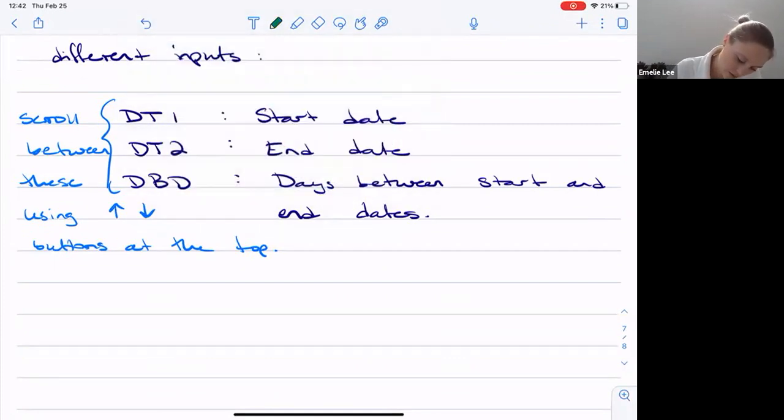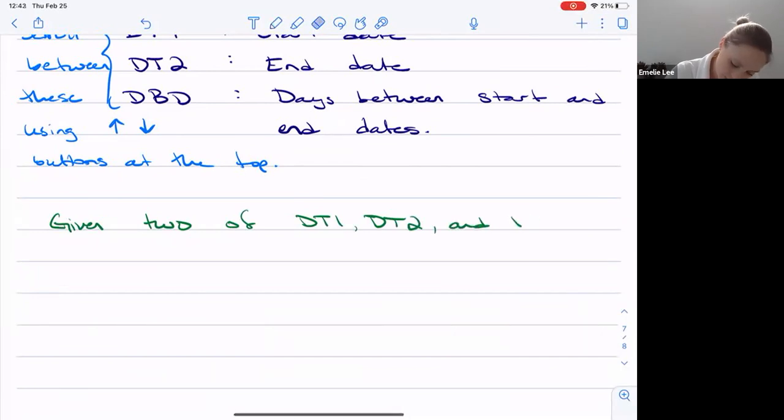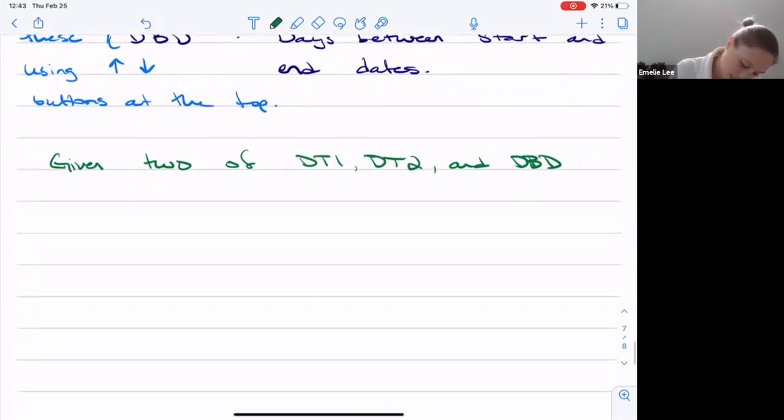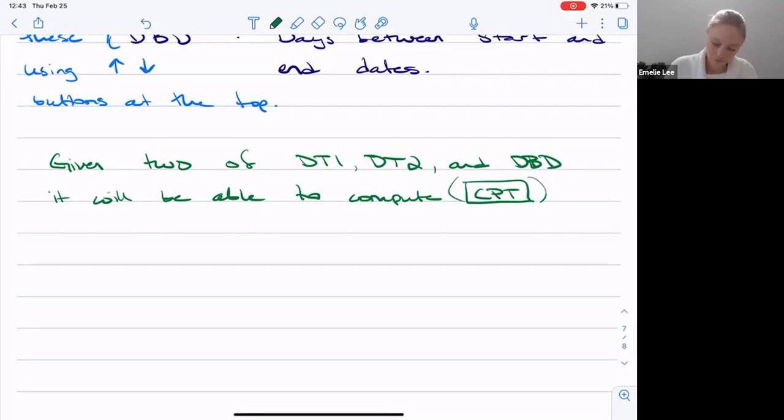Given 2 of date 1, date 2, and DBD, depending on the situation that we want to find here, it will be able to compute, and I'll just emphasize that compute is that CPT button in the top left-hand corner, the third.